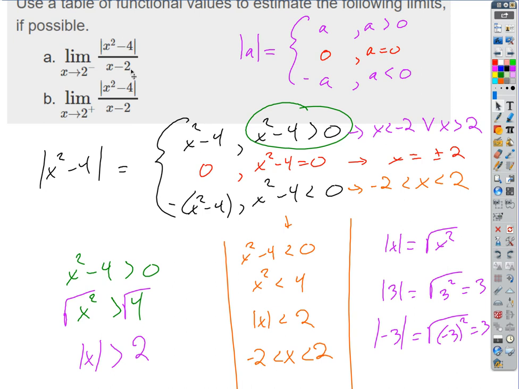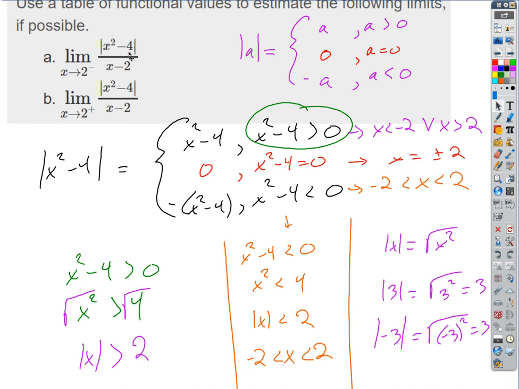Well, the definition of absolute value of A, as we said, is just plain old A when the argument's positive. If what we're putting in the absolute value function is positive, the absolute value doesn't do anything, just leaves it alone. If the argument of the absolute value is negative, we have to make it positive by changing the sign, multiplying by -1, right? So for us, that meant the absolute value of x squared minus 4.